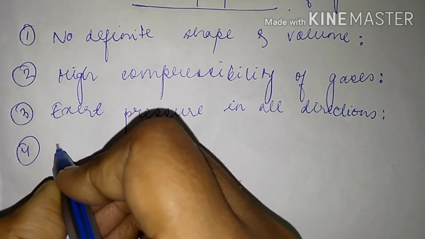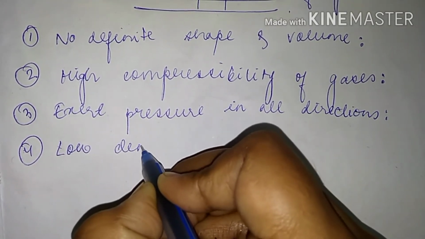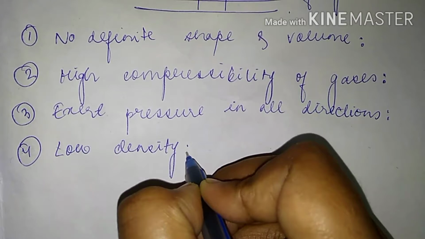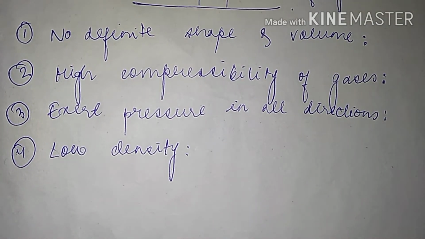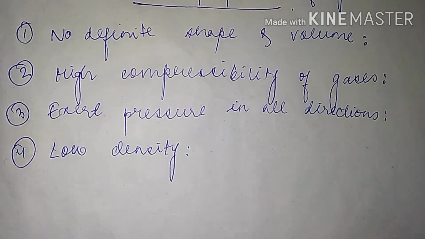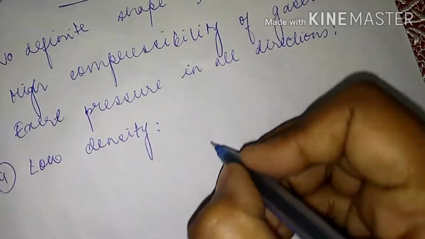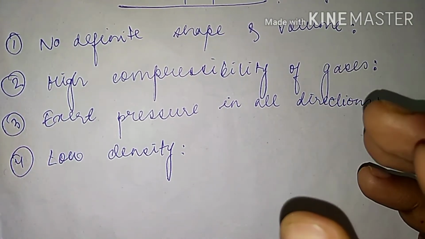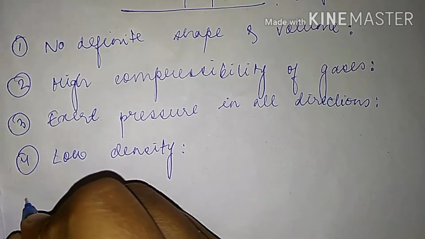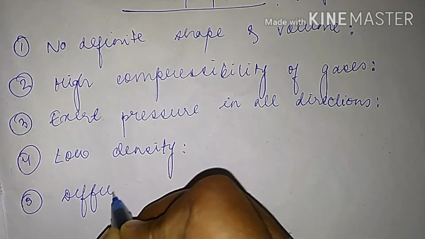The fourth property is they have very low density. The number of molecules per unit volume of a gas is much lower compared to that of a liquid and solid, as a result of which the density of gases is very low. Number five property is diffusibility.